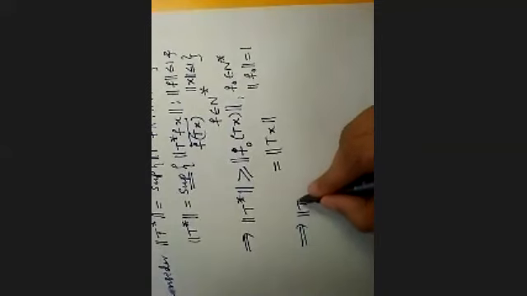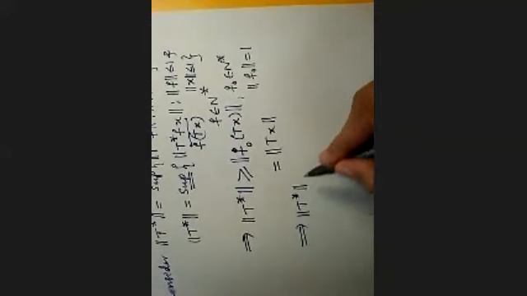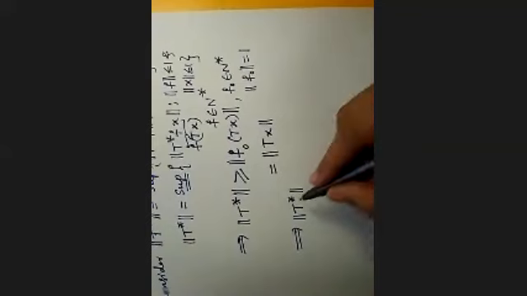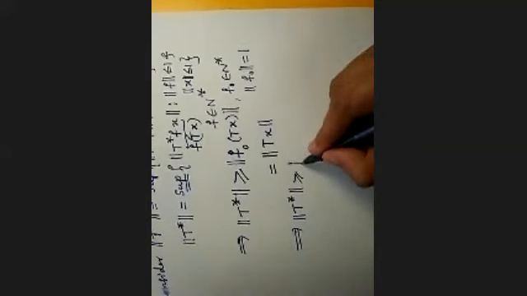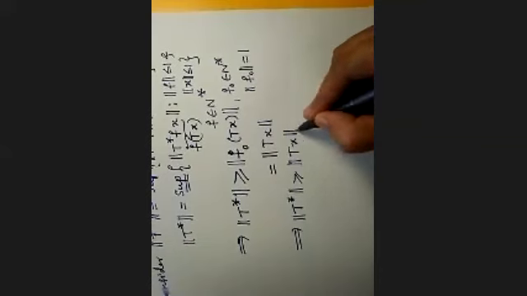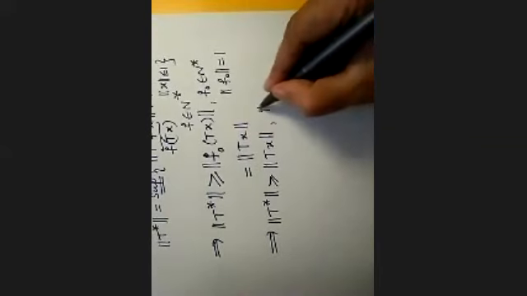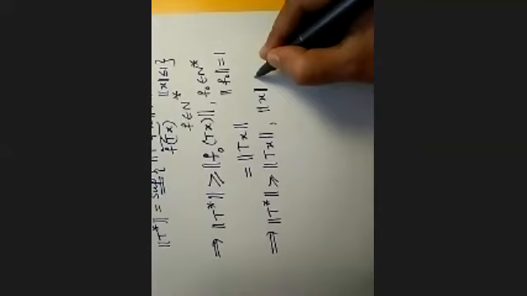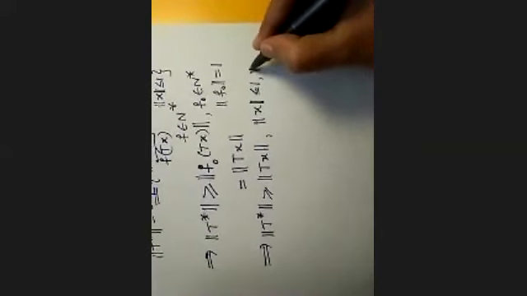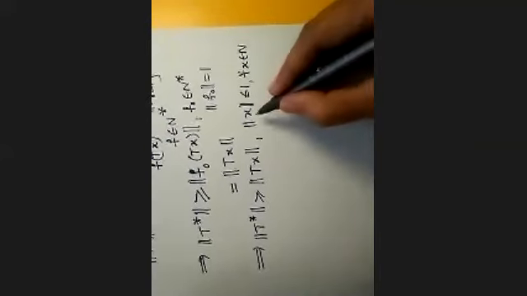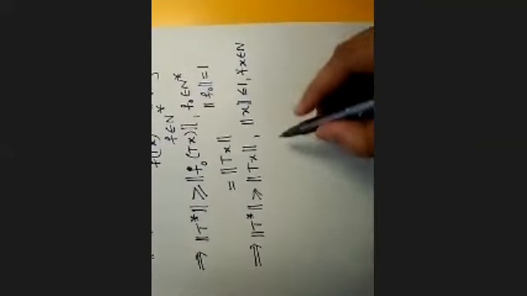Norm T star is greater than or equal to norm Tx such that norm x is less than or equal to 1, for all x belonging to N with norm x less than or equal to 1.